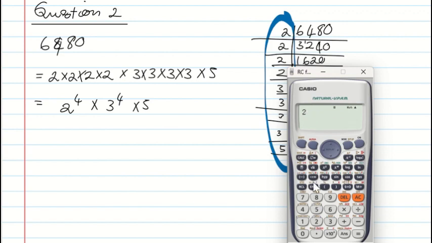So all you do is you say 2 to the power of 4, and then you step down, then you say times 3 to the power of 4, and then we say times 5 equals 6,480.